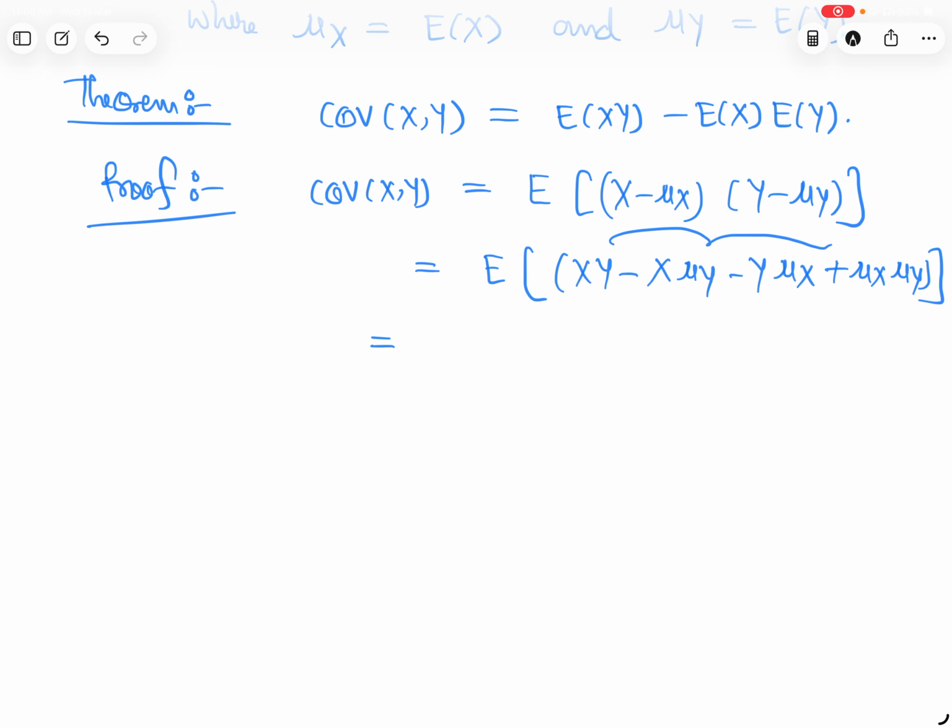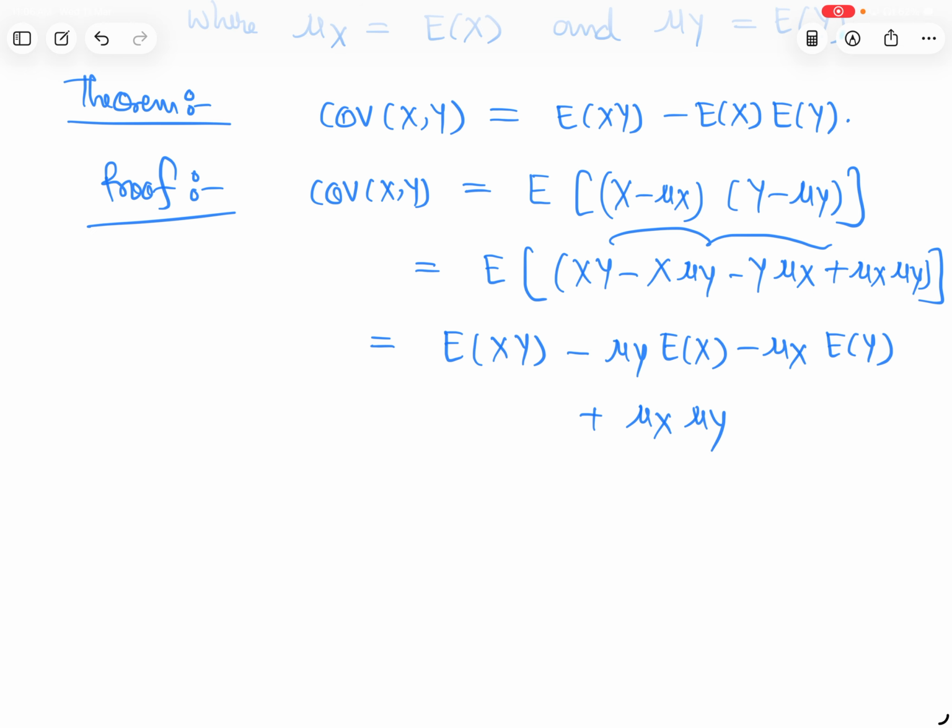So this is equal to, you see that mu y is a constant and will come out. Because mu x and mu y are constant.